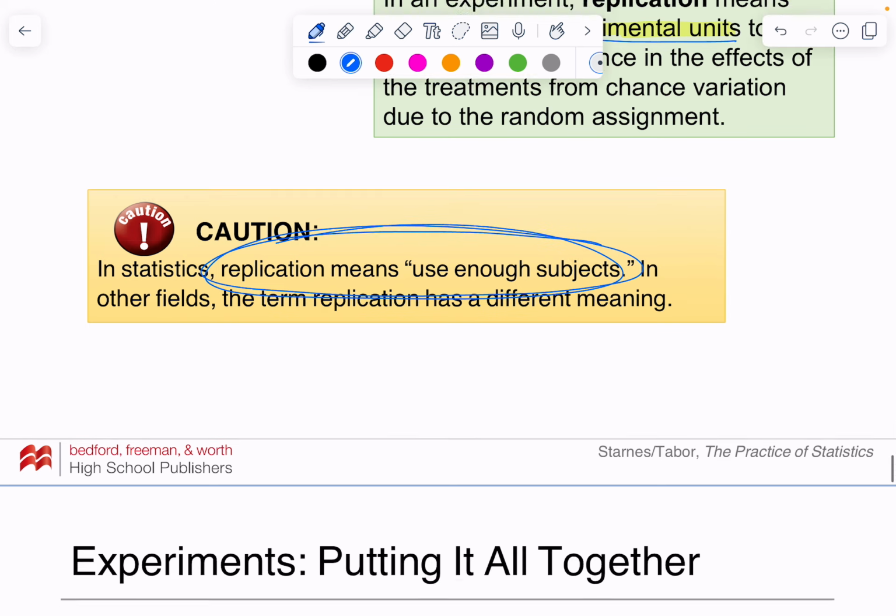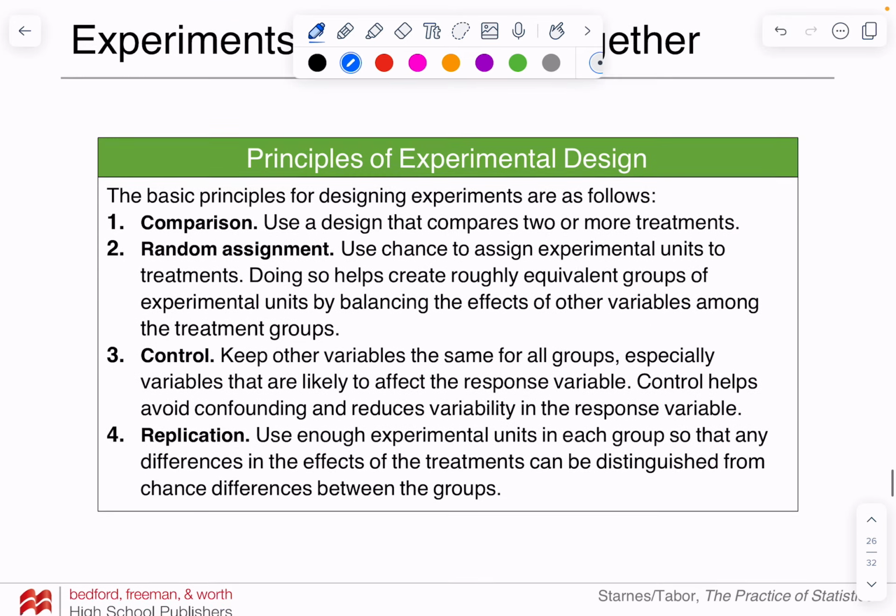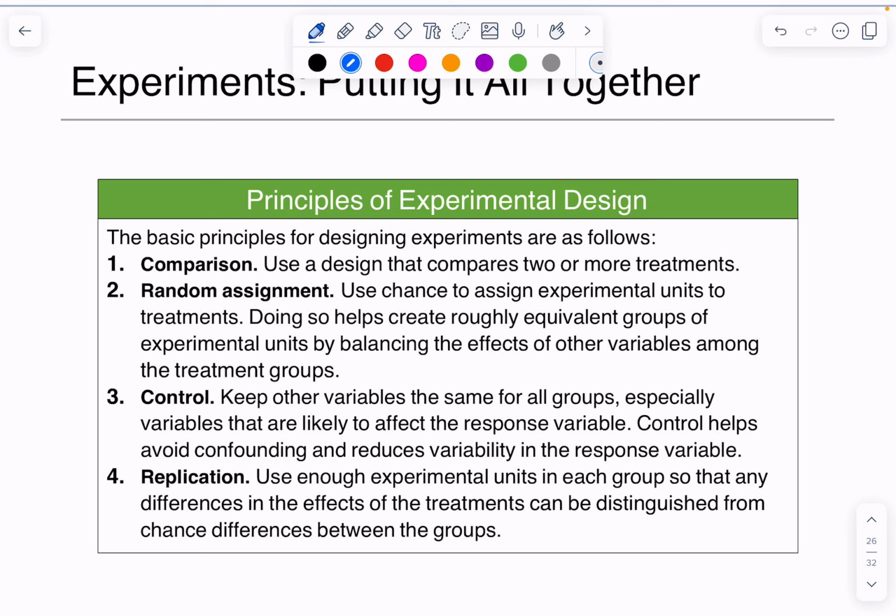All right, so just putting it all together, we need to make sure that our experiments have something to compare. We're comparing 2 or more treatments to see if one of them is going to have an effect on our desired result.